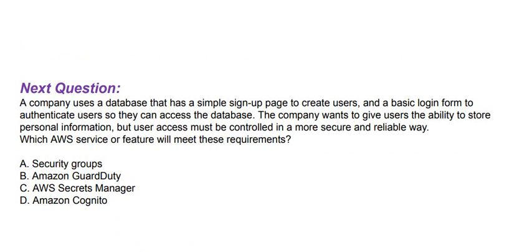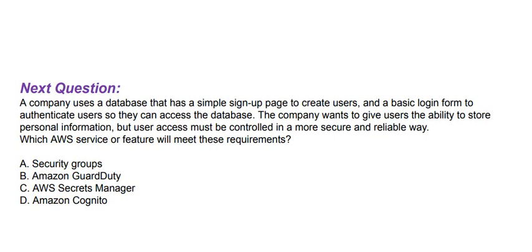Next question is, a company uses a database that has a simple sign-up page to create users and a basic login form to authenticate users so they can access the database. The company wants to give users the ability to store personal information, but user access must be controlled in a more secure and reliable way.